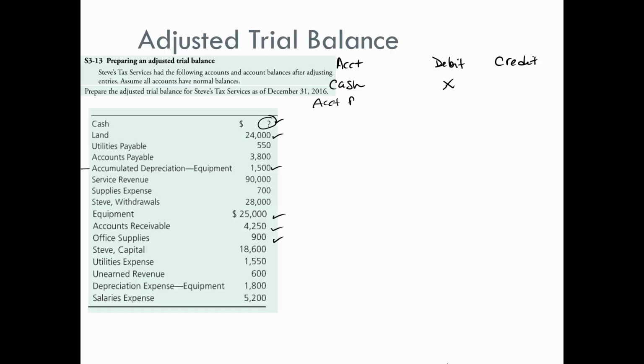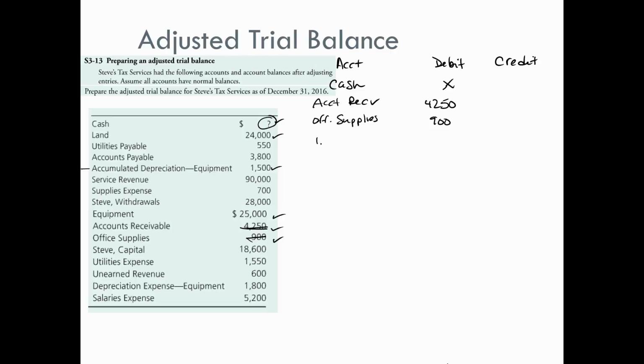Accounts receivable pretty much always comes next, and that we said is 42.5, and it's an asset, so it has a debit balance. I put it on the debit side. Office supplies is an asset, and that's $900 debit.